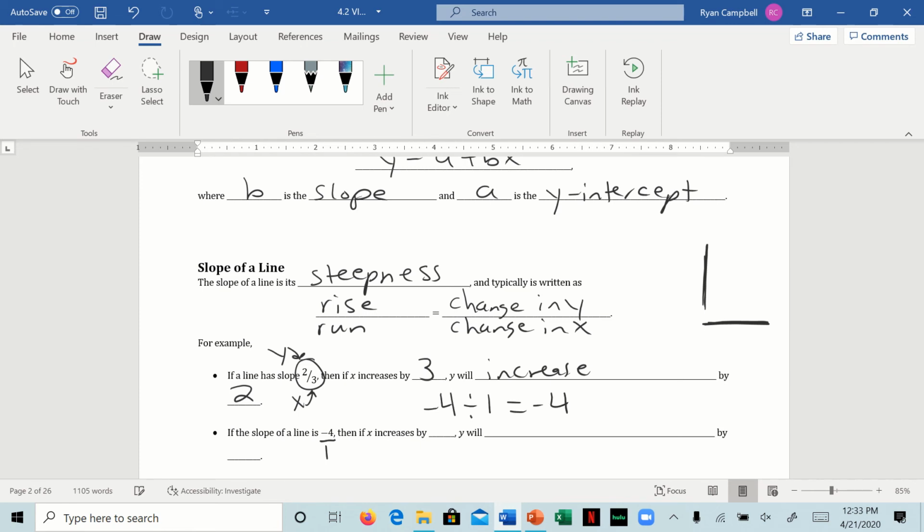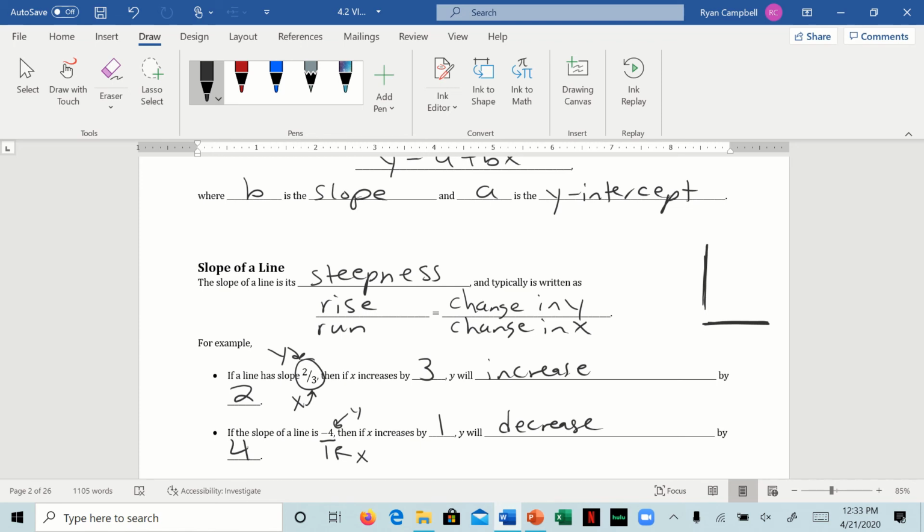So we can just divide the -4 by 1. Now, as x increases by 1, y, remember it's y over x, and notice it's -4, so it's not going to increase, it will decrease by 4.